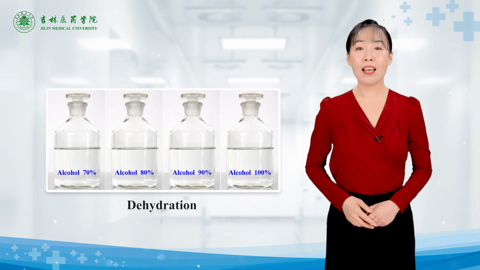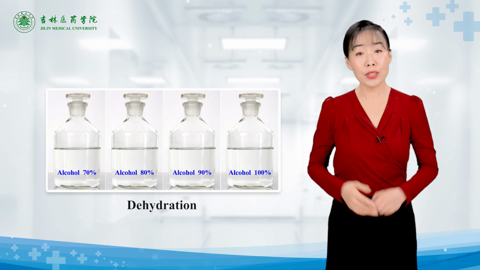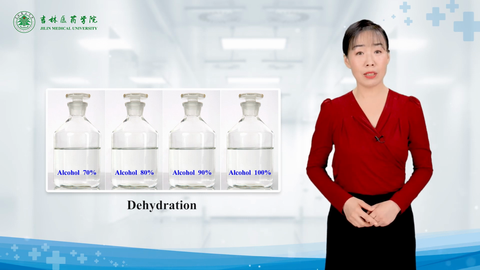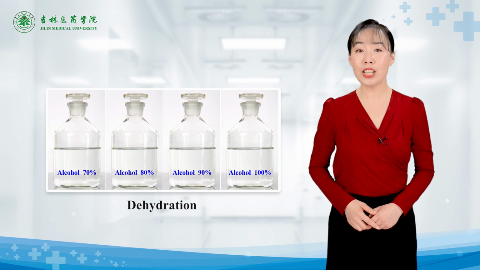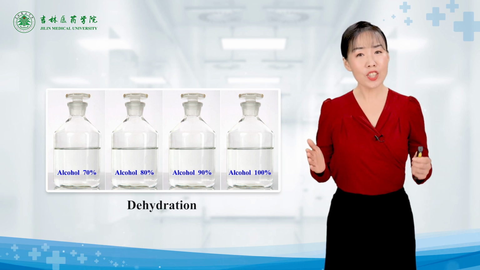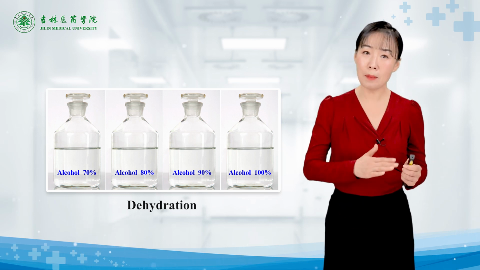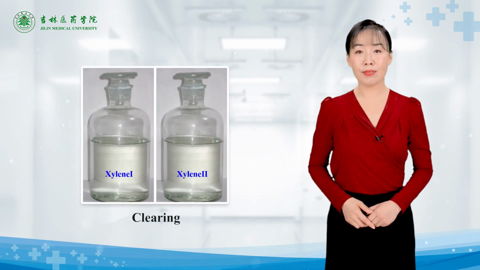Dehydration. Fixed tissues are immersed in a series of ethyl alcohol solutions of increasing concentration until absolute alcohol is reached. As a consequence, water in the tissue is replaced by alcohol. Clearing.